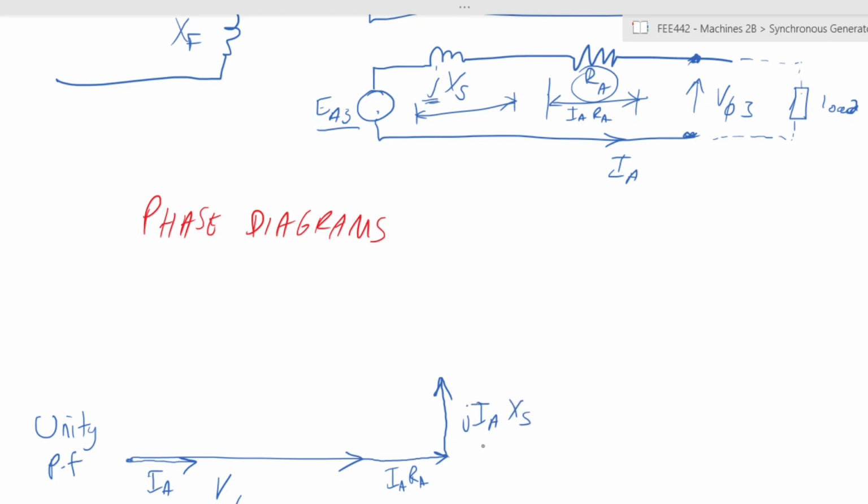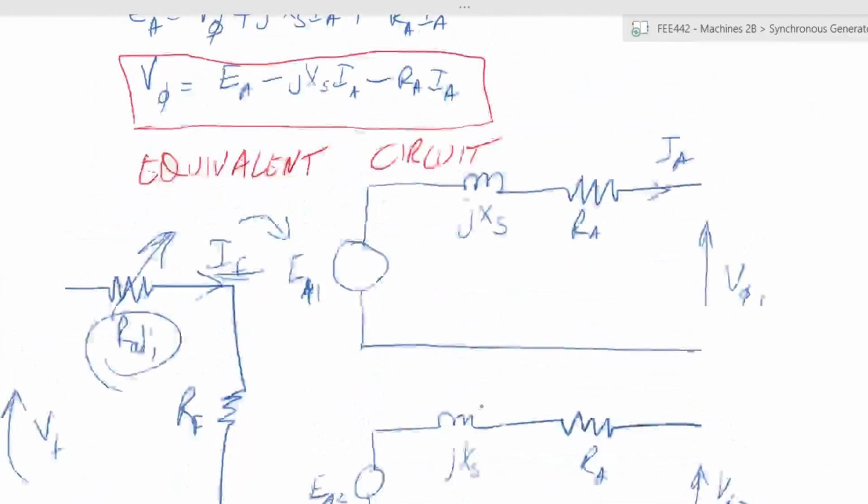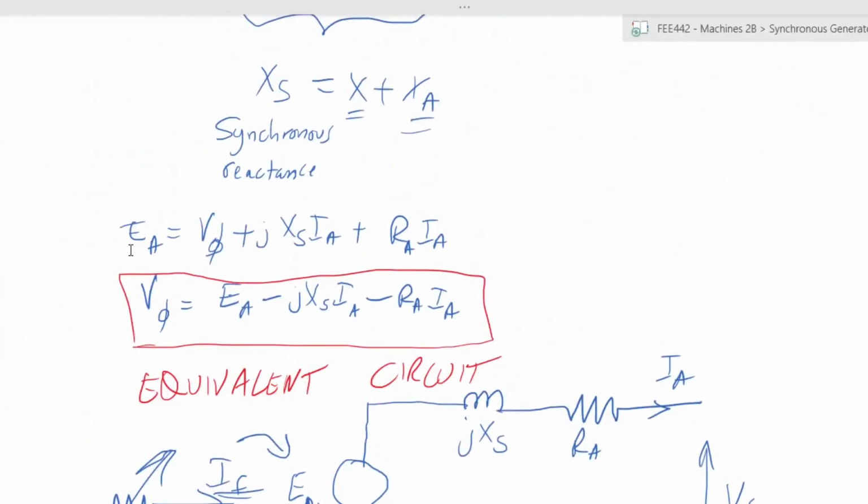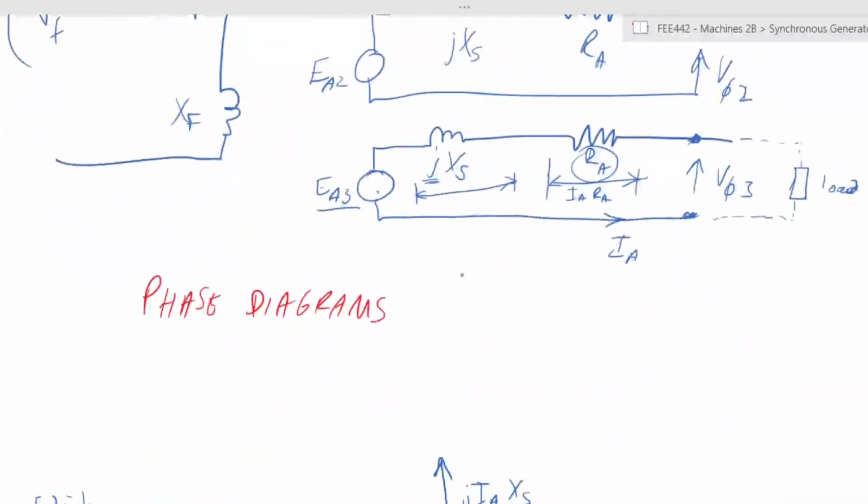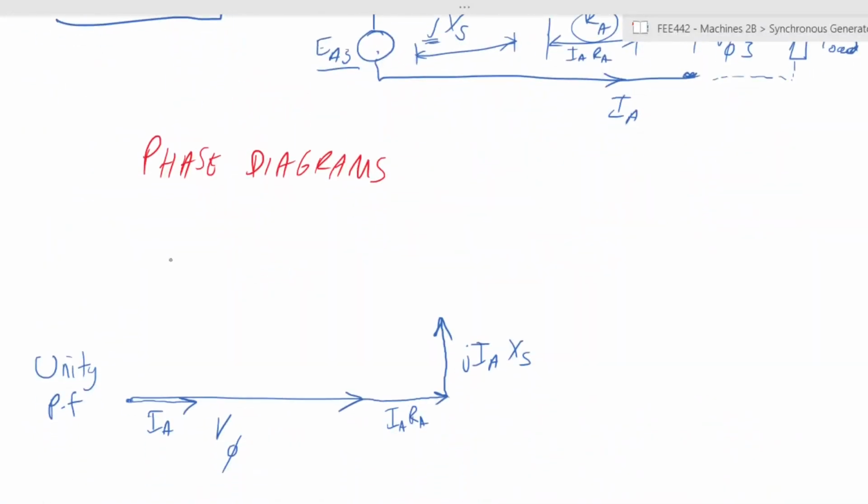Remember we said your internal generated voltage EA is equal to the sum of the terminal voltage, the combined synchronous reactance times current, and the resistance times the current itself, which we have indicated here. So the resultant EA is actually, if I can get a straight line here, from there to there.